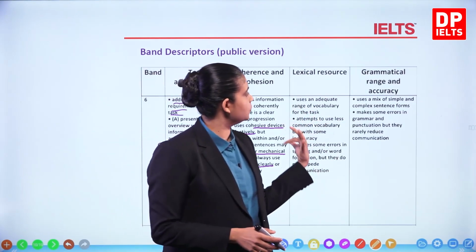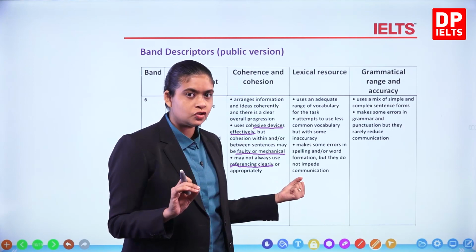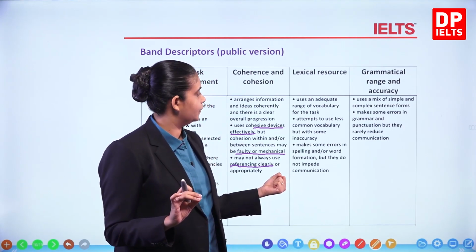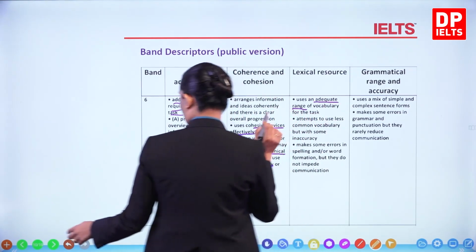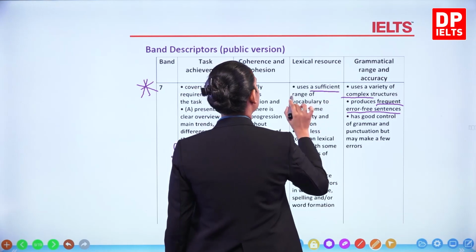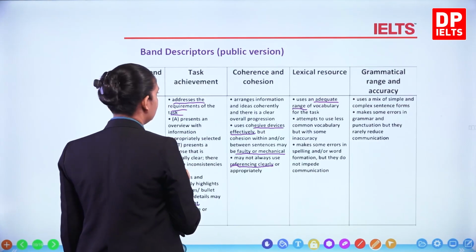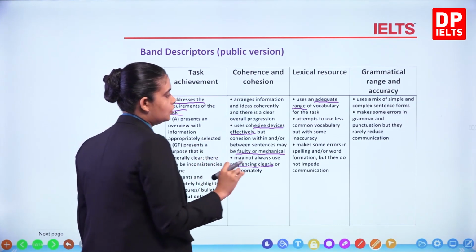Then of course we have the LR, Lexical Resource, which is your vocabulary. Now here you use an adequate range, but when you came to your 7, you're using a sufficient range. Here it's fair use, adequate range, right?